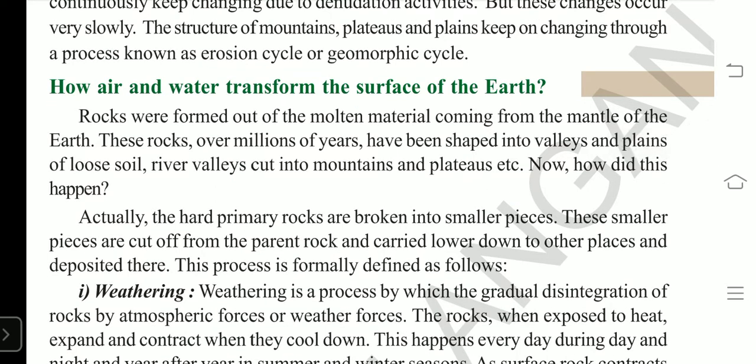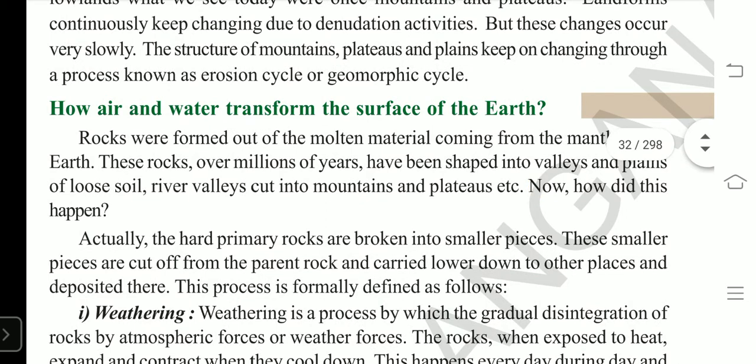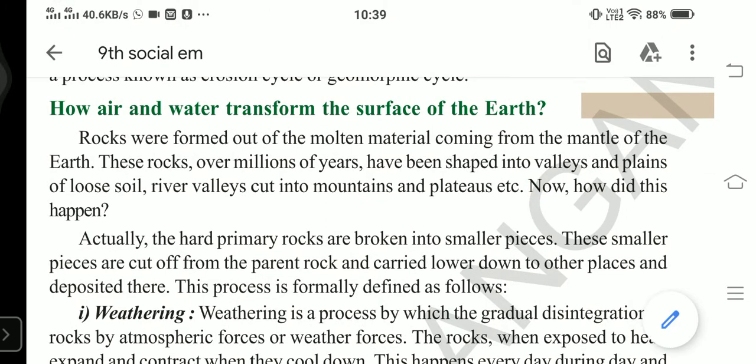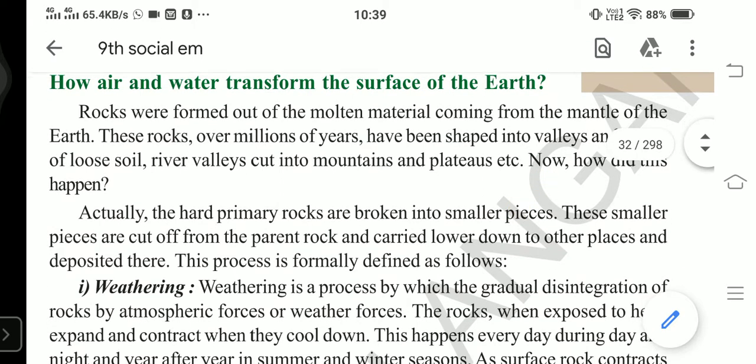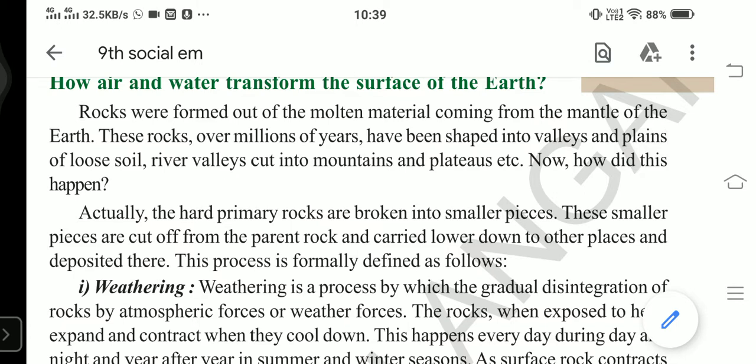Now these rocks we call extrusive landforms. Why do we call them extrusive landforms? Because they are on the earth's surface, right?